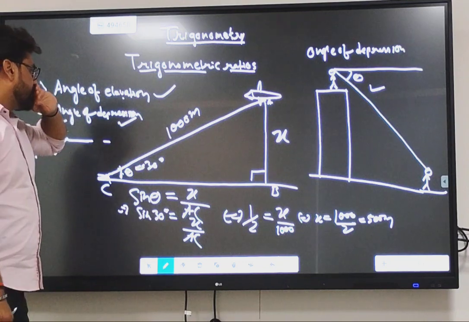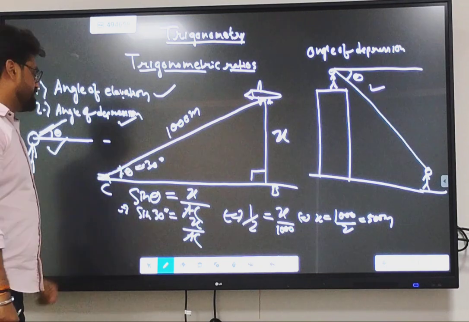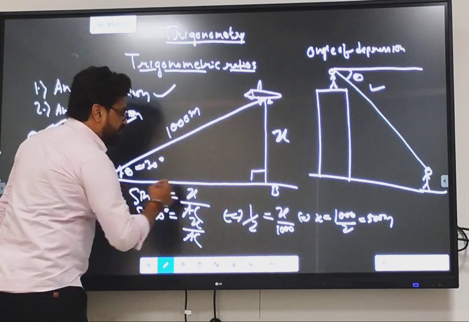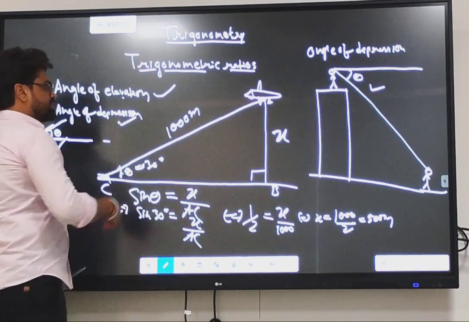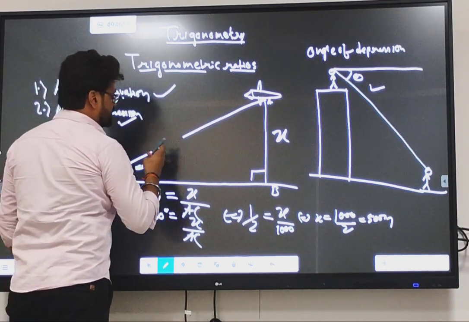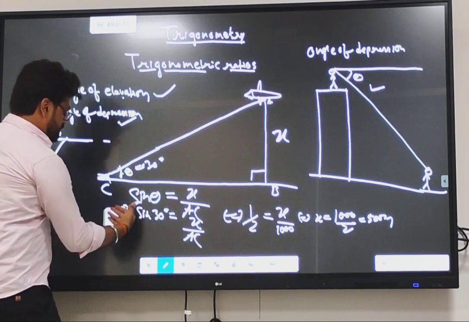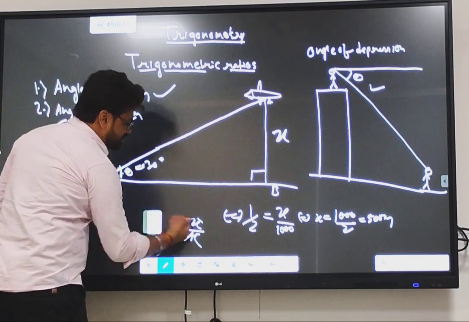So what if I say that this AC is unknown? Now we have to find this AB. If we don't know the length of AC, how are we going to find it? We will use some other ratio.